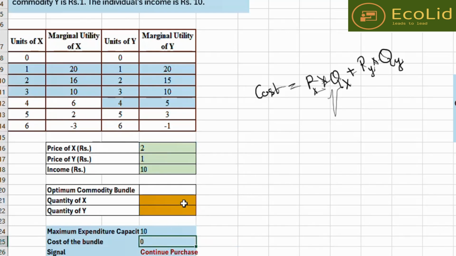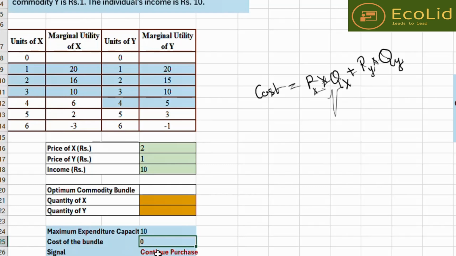Why 0? Because we have not decided the quantities of the commodity X and Y yet. We will decide it. When we decide, accordingly the value at this cell, the cost of the bundle, will vary. Now one more component we have added here, that is called signal.